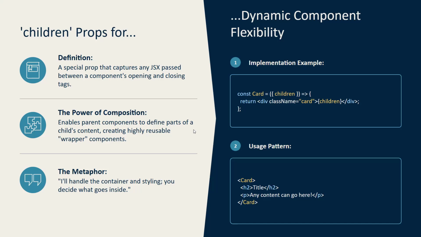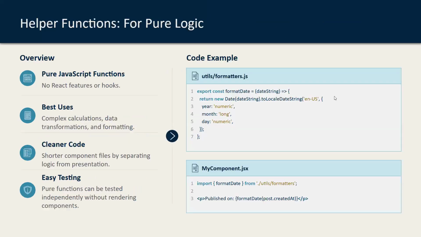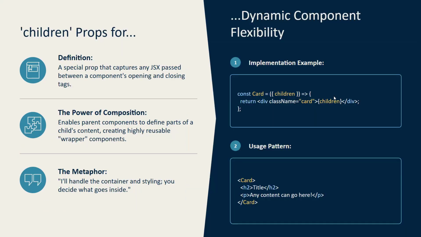So this is an example of a component which can be used as a button, that accepts a kind prop and uses children for the label. And that brings us to the children prop.